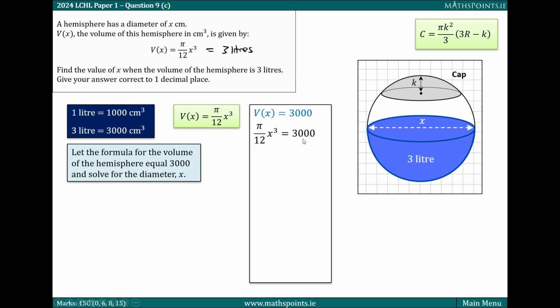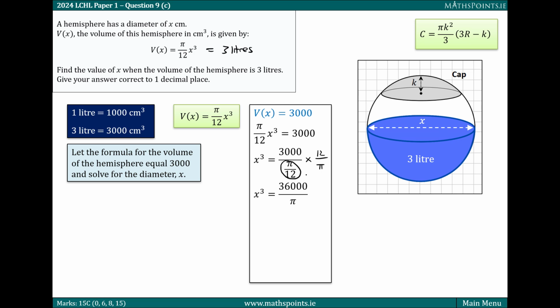So pi over 12 x cubed equals 3,000, so divide both sides by pi over 12, and we get that x cubed is equal to 3,000 divided by pi over 12. So x cubed is equal to 36,000 over pi. Now, obviously I've thrown that into the calculator, but a quick way to look at this is that to divide by a fraction, we flip the fraction and multiply.